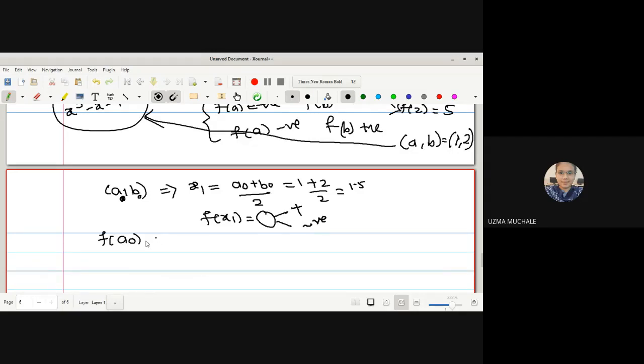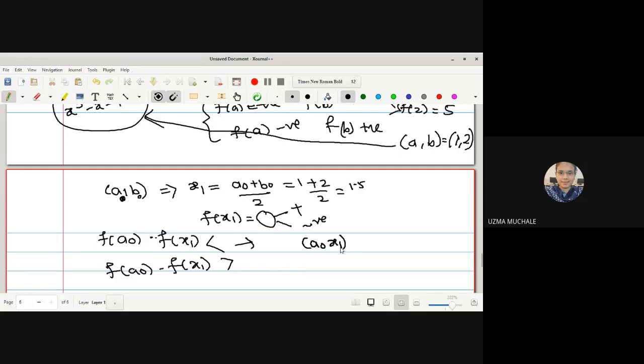So if f of A naught into f of x1 is less than 0, or the other condition, f of A naught into f of x1 is greater than 0. Both can happen. If it is less than 0, what can we say? The root lies in A naught to x1.